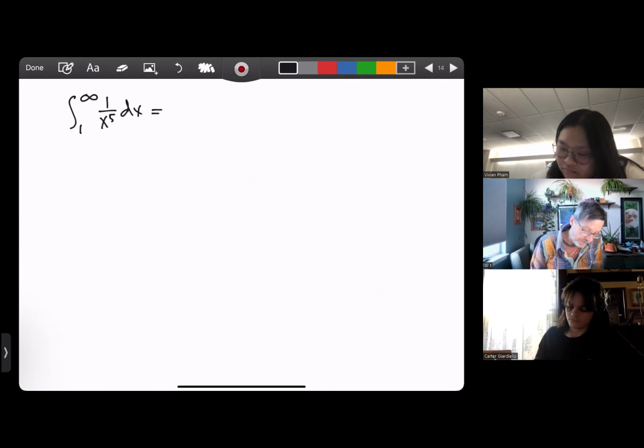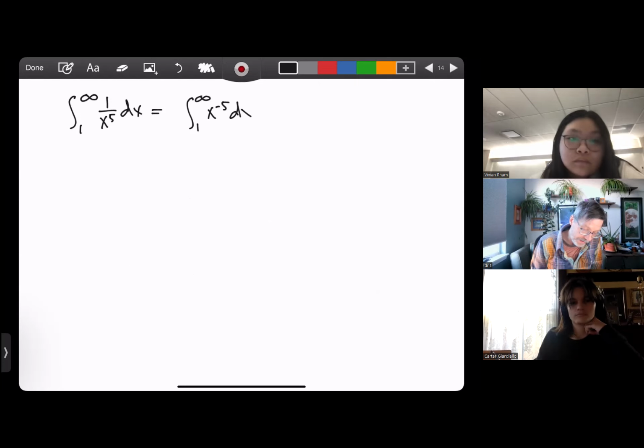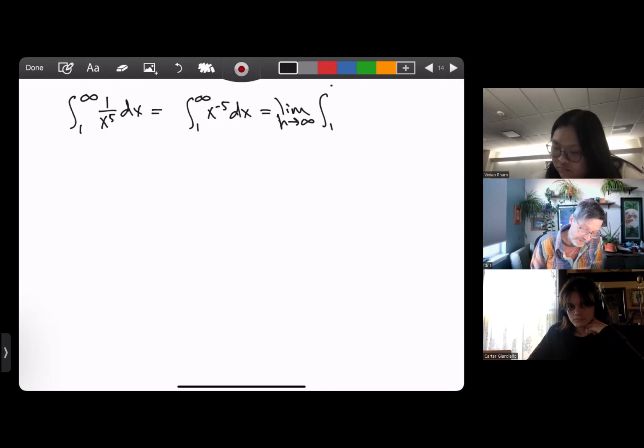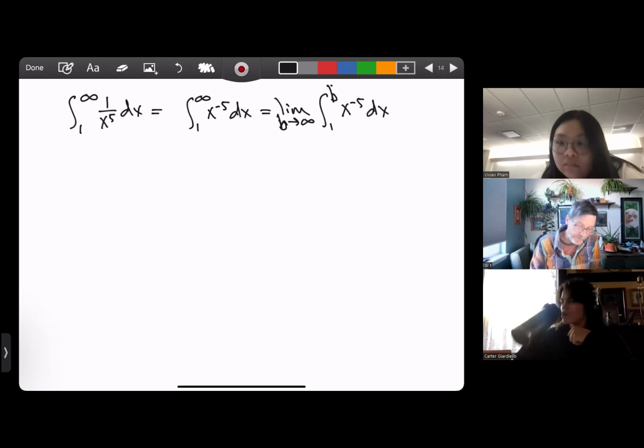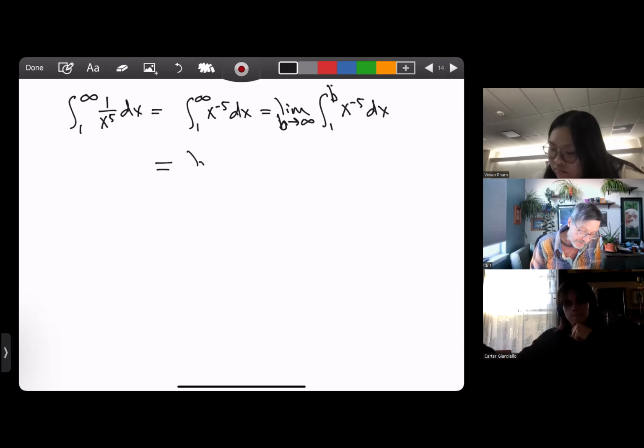So, I would first convert this to a power like that, and then do this. Oh, make that a B. Okay, is that making sense so far? Just the setup? Okay, cool. So then power rule on that.